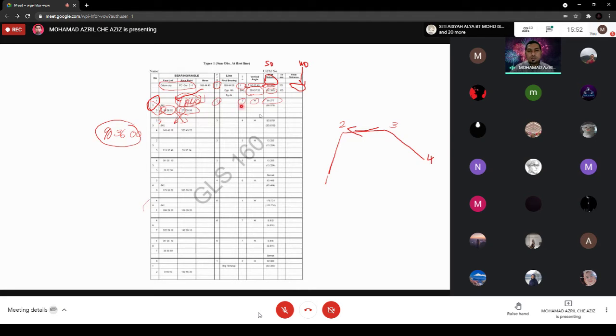This line represents 2 to 3, and when you refer 3 to 2, the distance is the same. Only the bearing will be in the opposite direction, opposite value. So 3 to 2 you just set, no need to record during this stage.